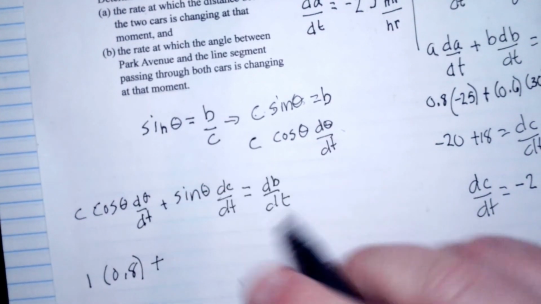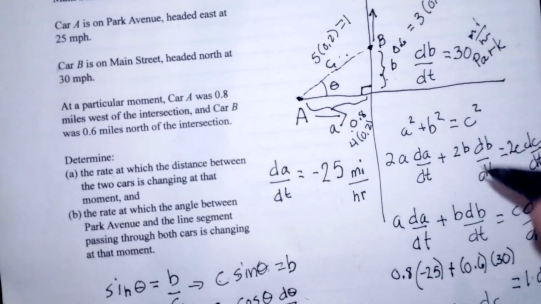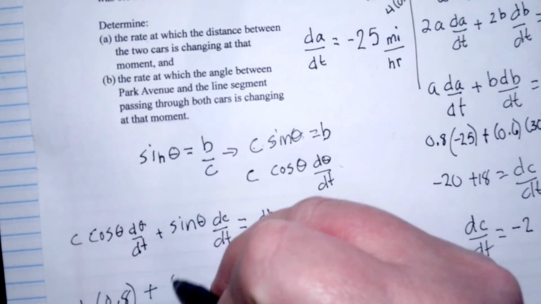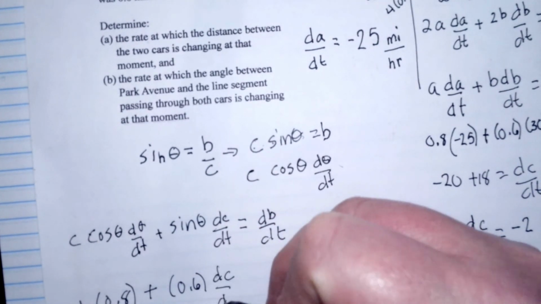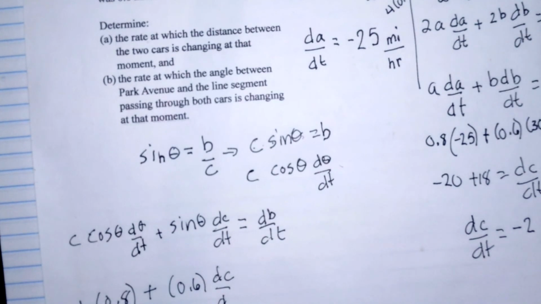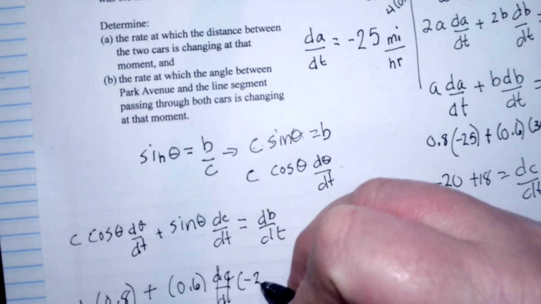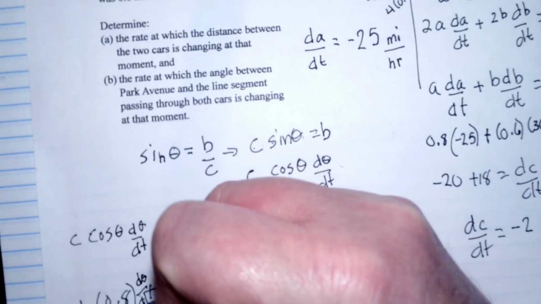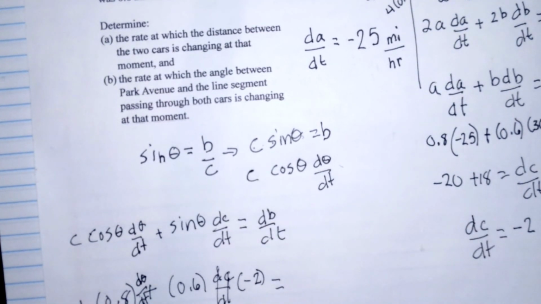We just need the cosine. We also need the sine. Well, the sine of theta is the opposite over the hypotenuse. That's 0.6 over 1. dC/dt we found was negative 2. d theta/dt is the unknown. And dB/dt is 30.